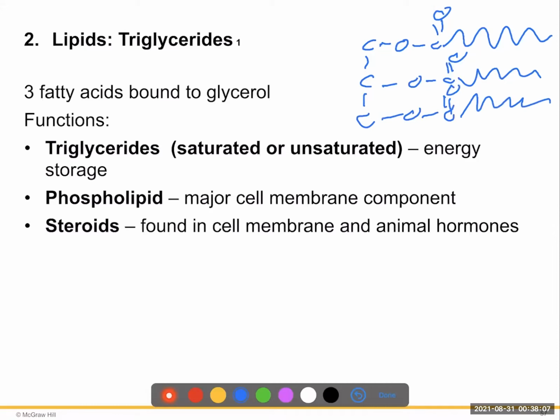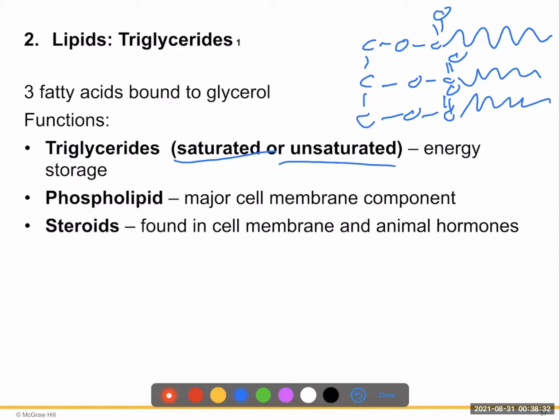Okay. So we talked about saturated and unsaturated triglycerides. Saturated means the long chain fatty acid has all single bonds. It means there's the most hydrogens possible attached. It's saturated with hydrogens. That's what saturated means. We talk about polyunsaturated fats, we talk about saturated fats.